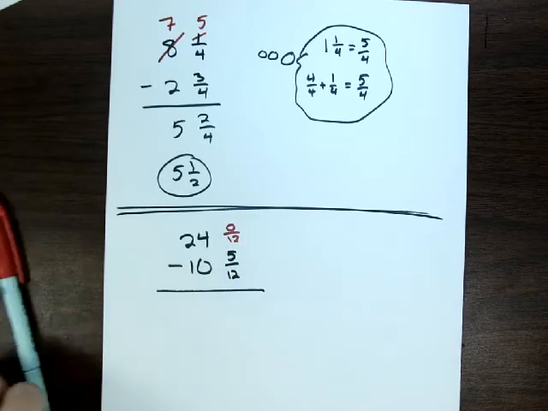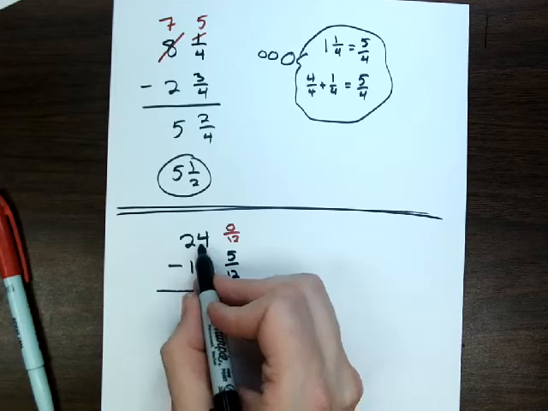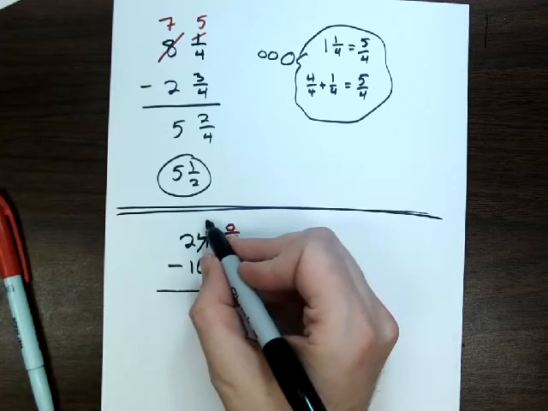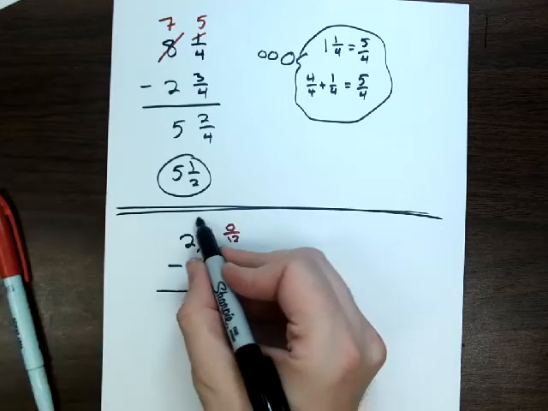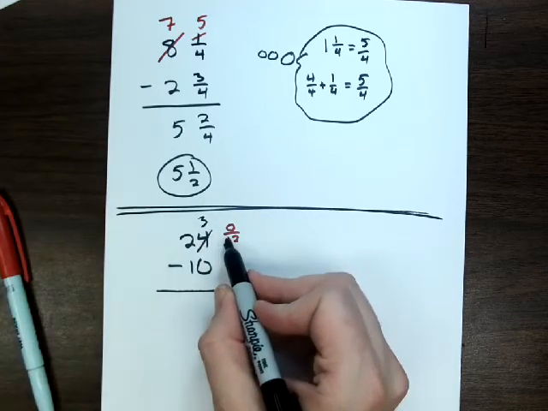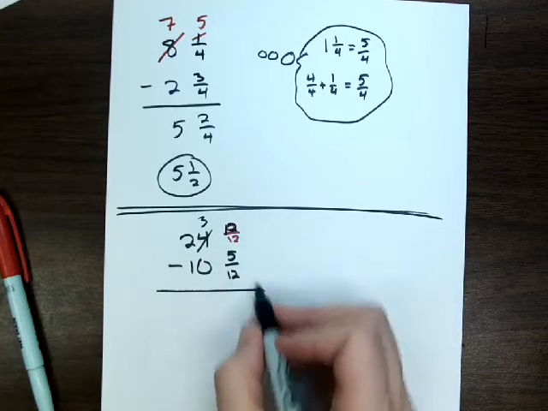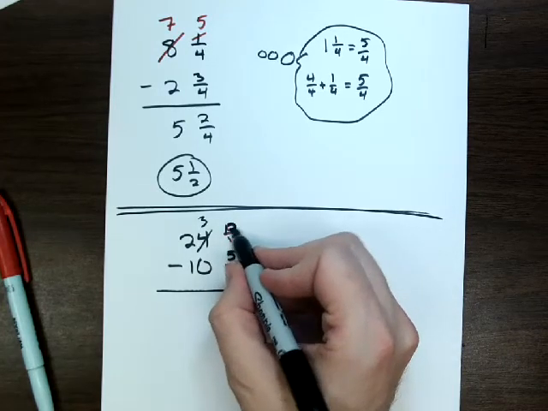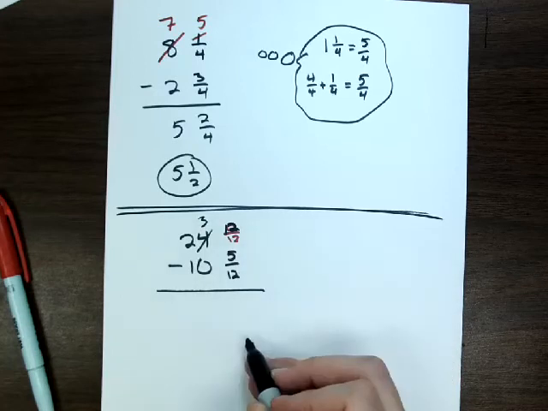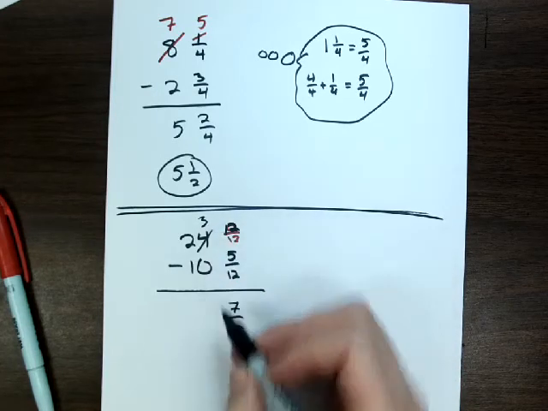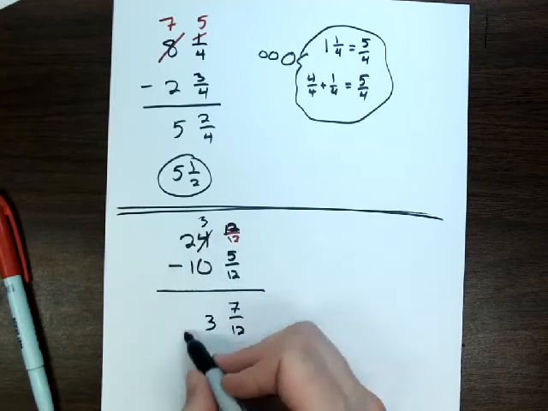So what I'm going to do is go over here and borrow 1 from my ones place. And then when I do that, I add 12/12 to this. Now, I've got 12/12 minus 5/12. That's going to be 7/12. 3 minus 0 is 3. 2 minus 1 is 1.